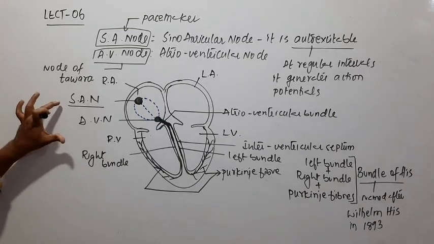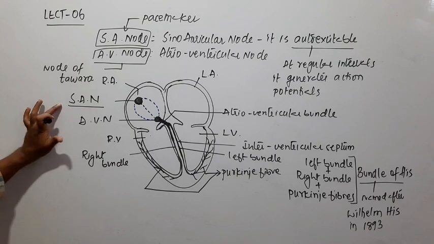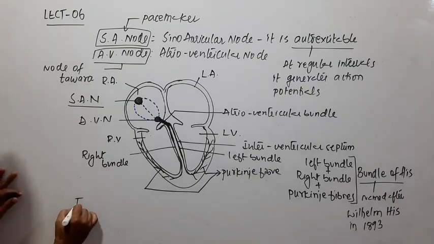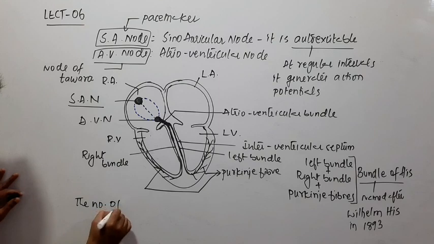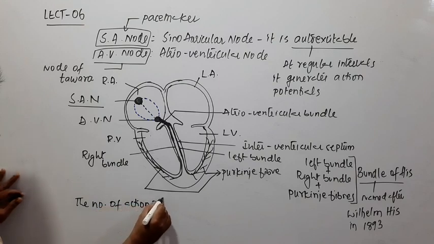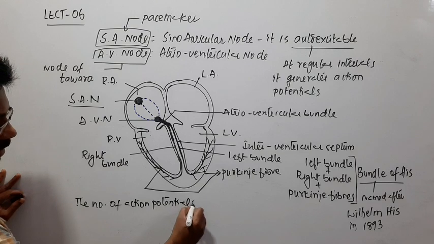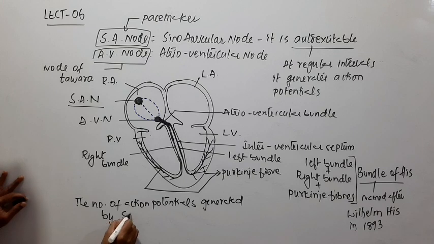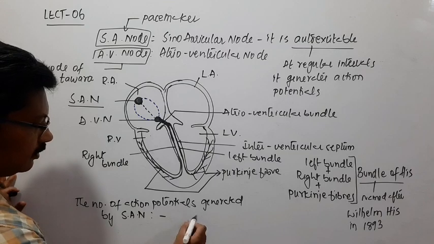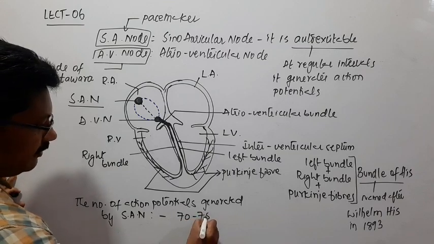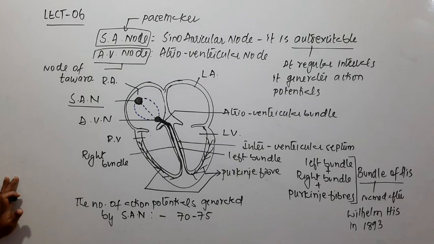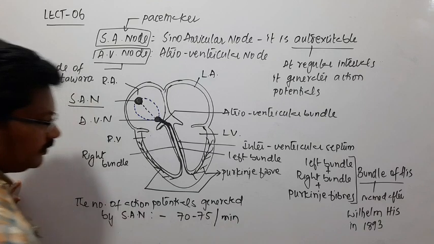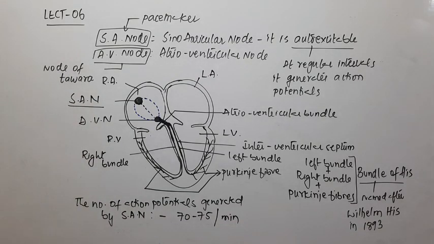Coming back to this SAN, the number of action potentials generated by the sino-auricular node is around 70 to 75 action potentials per minute.